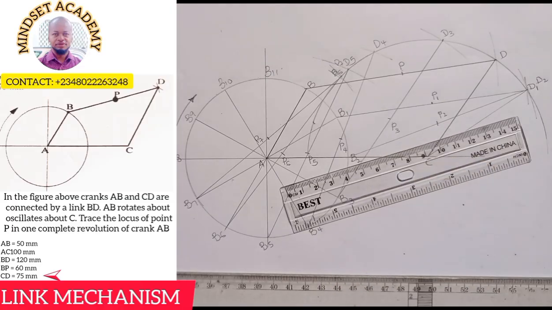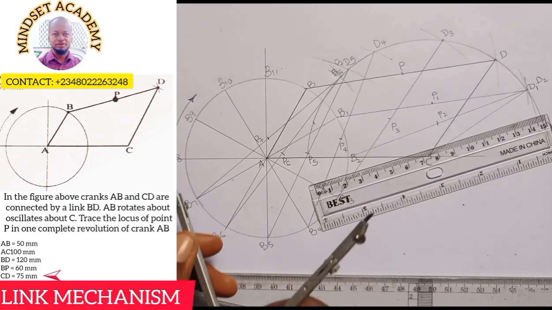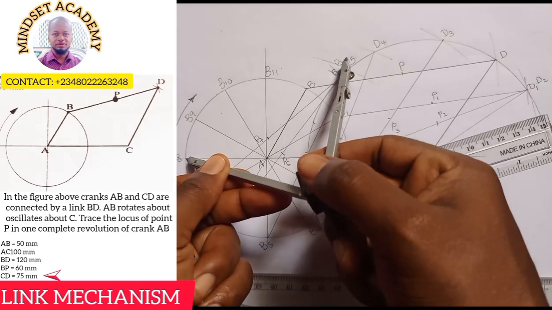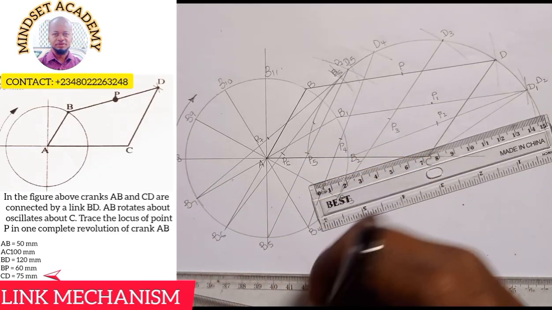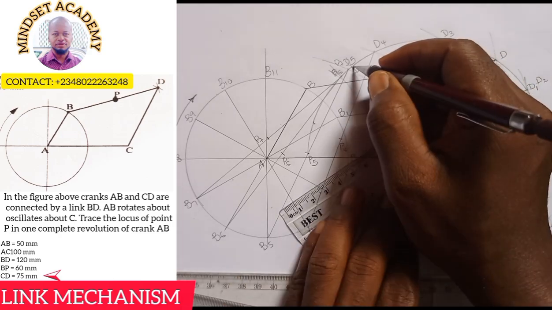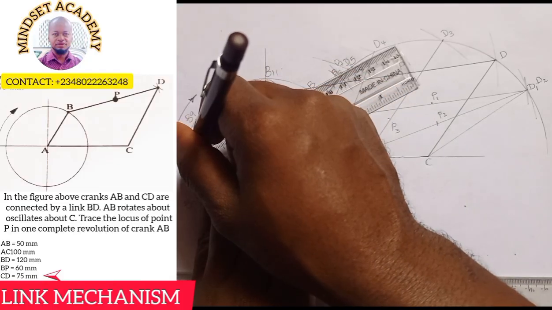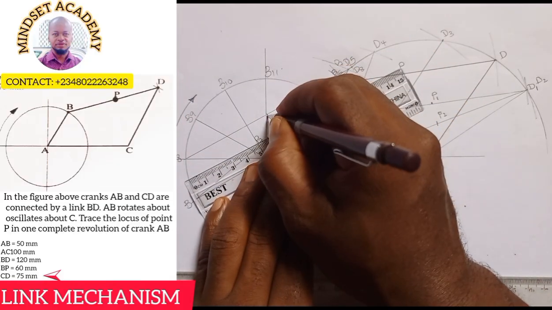Then I'll come to B8 with the same measurement. I'll strike an arc. It's cutting this point here. That'll give me my D8. So from this point to this point here, I'll join. This is what we have.